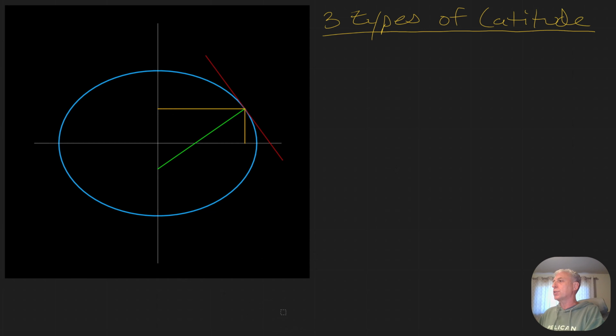If I were to consider, now just ignore all the lines that are on there, a radial from the center of the Earth out to some point Q, we'll call it Q, and I'll call C the center of the Earth.